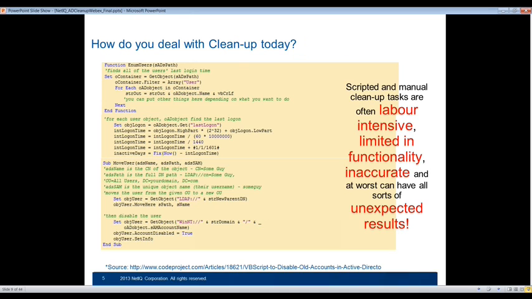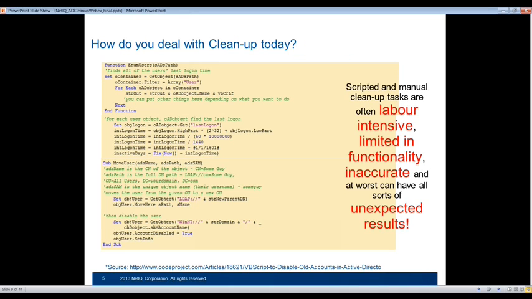So for example, if it were a user creation task, it would perhaps create the account and enable it, but it wouldn't go away and set the correct required settings. Equally, a cleanup task may disable the user, so it may remove the original risk, however it won't necessarily manage groups, manage physical access to the building, manage mailbox permissions, anything along those lines.